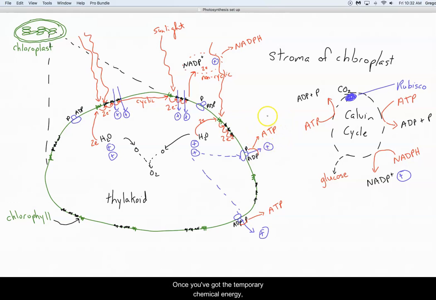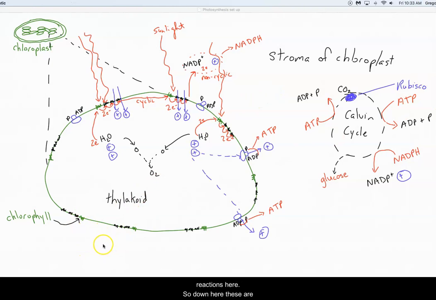Once you've got the temporary chemical energy, you can use it whether you've got more sunlight or not. So the reactions in which ATP and NADPH are used, those are light independent. They can occur without the presence of sunlight. So we've got light dependent reactions here.